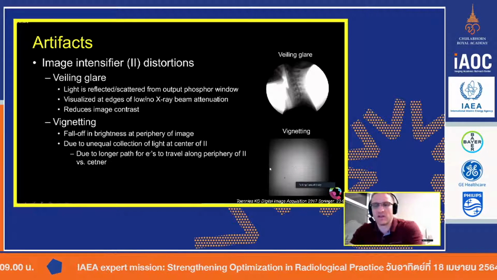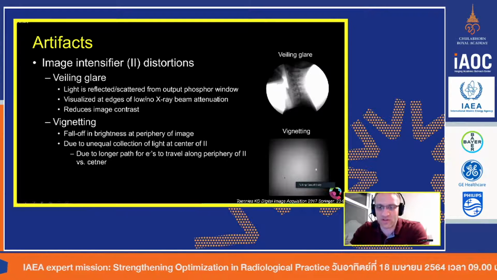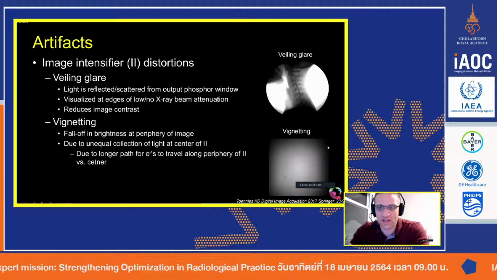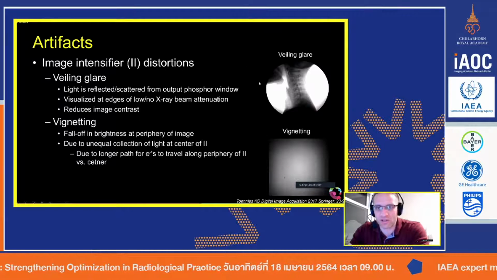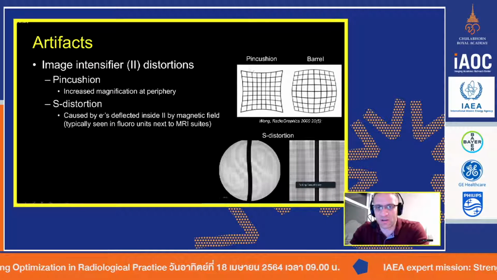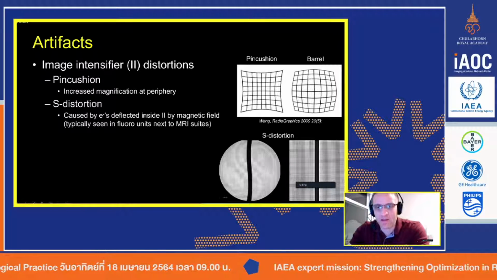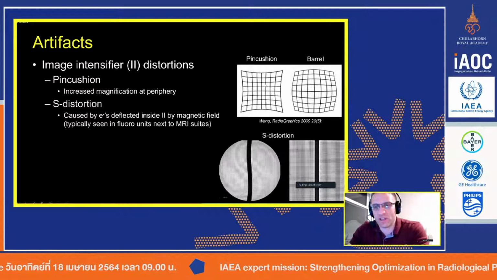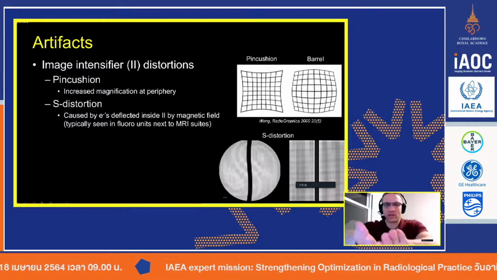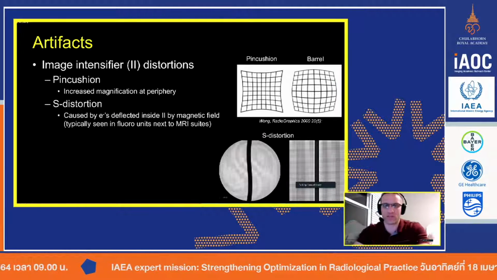You get the vignetting, where your signal is the strongest in the center, weakest at the edge, but then you also get this blur, you get this distortion, a pincushion distortion or a barrel distortion. And so when you place a structure in it, it'll either kind of cave in or bow out.